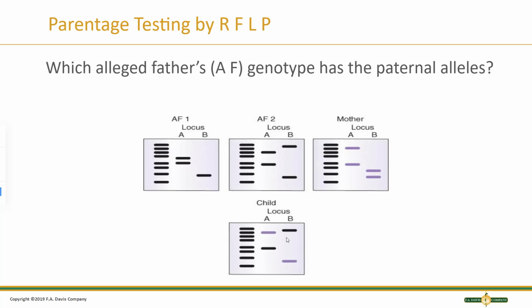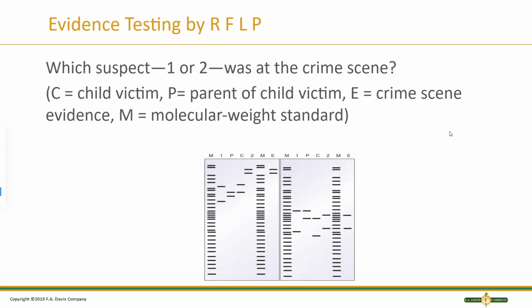So now these two bands would have had to come from dad. Which one of these two dads has those two bands? Well, the only father that's possible is this second one right here, because these two bands would have come from there. And that's how they would evaluate RFLPs for paternity testing.